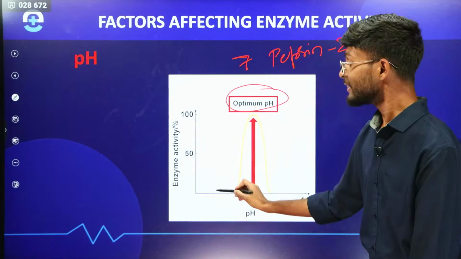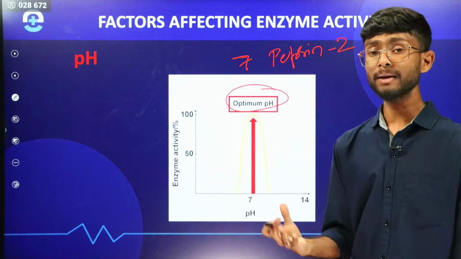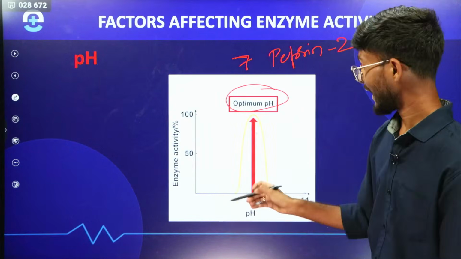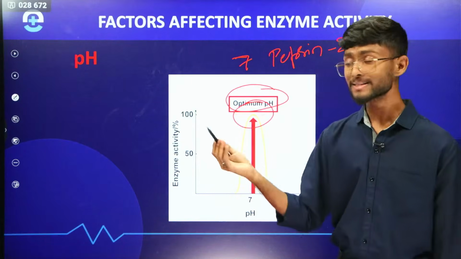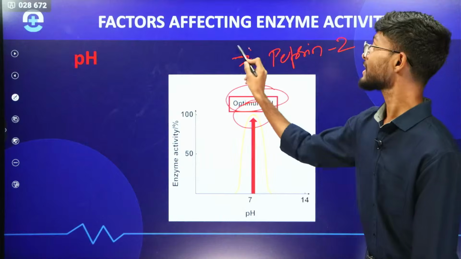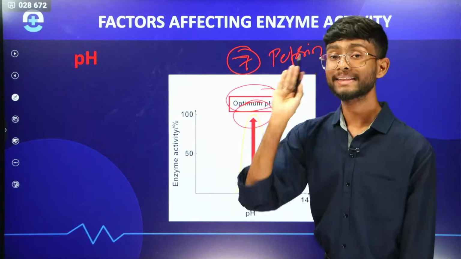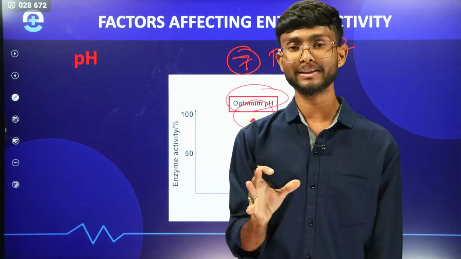The enzyme activity will be at a particular pH. As I told, for salivary amylase it is 7, and only at that pH will it be activated.